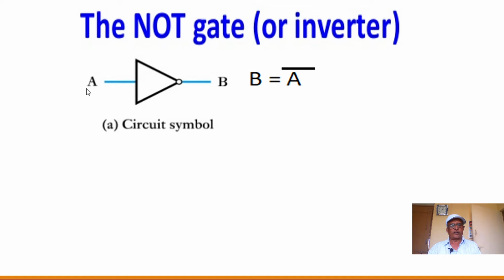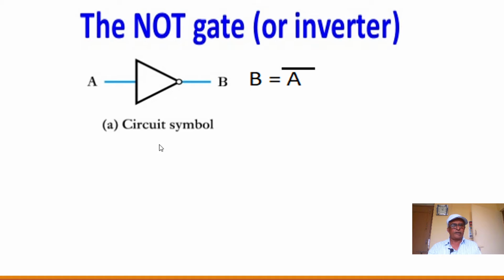The equation is B equals A bar, where output is B and input is A. This is written as B equals A complement, or A bar.